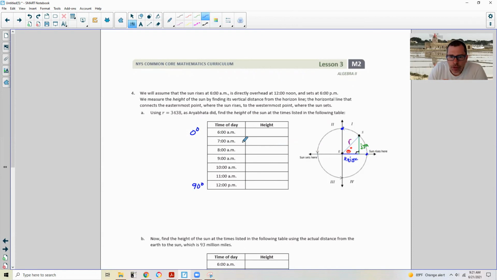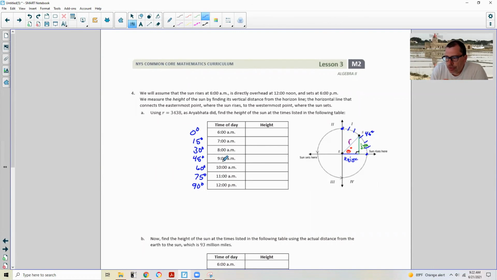So if we have 6 here, and then 7 here, 8 here, 9 here, 10 here, 11 here, and 12 here, this would be 45 degrees. Okay, we're halfway. So 9 a.m. is 45 degrees. And so from 0 to 45 divided by 3 is 15-degree increments. So this would be 15 degrees, 30 degrees, 45, 60 degrees, 75 degrees, and 90 degrees. Okay, so those are the values we're going to use.